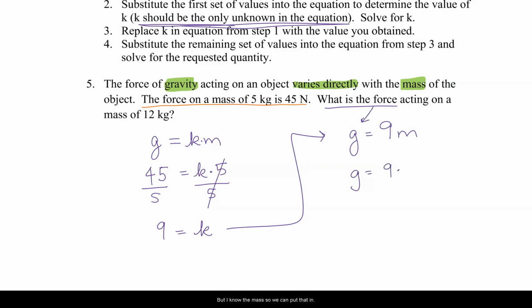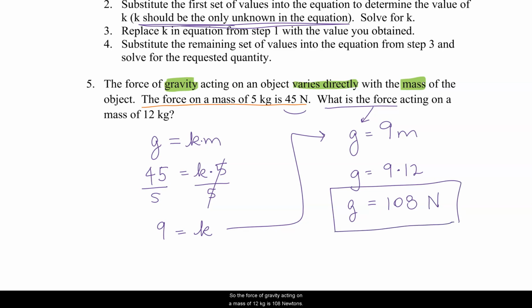So we can put that in. Mass is 12 kilograms, and we can multiply those out. 9 times 12 is 108. And we look back at the units. Units on force is newtons. So the force of gravity acting on a mass of 12 kilograms is 108 newtons.